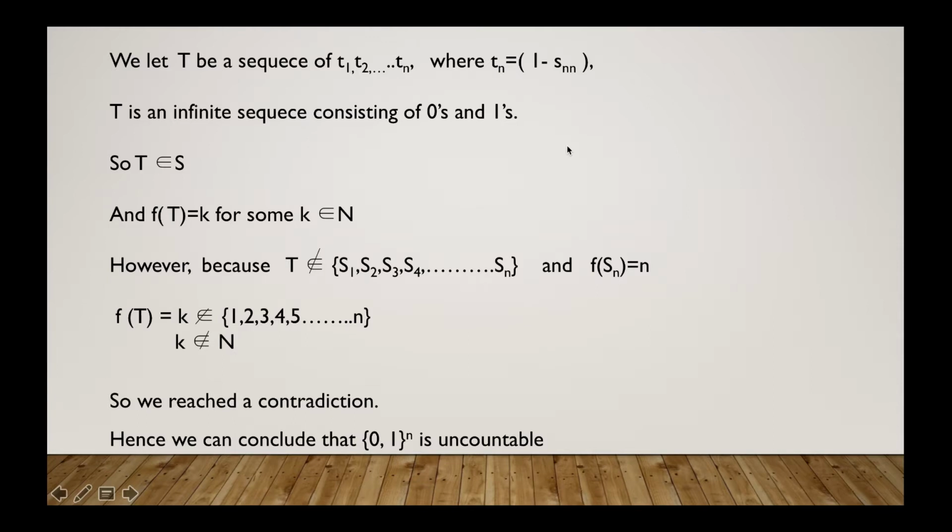Here we reach the contradiction that k is a natural number and k is not a natural number. Hence, we can conclude that the set of all infinite sequences consisting of zeros and ones is uncountable, with respect to the set of natural numbers.